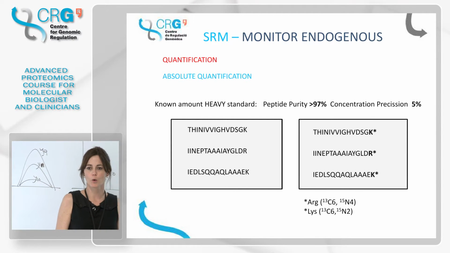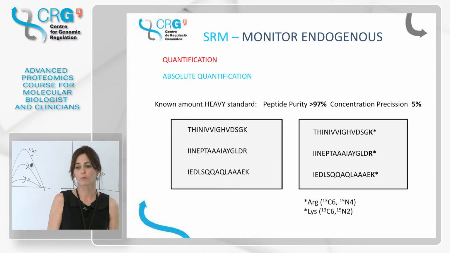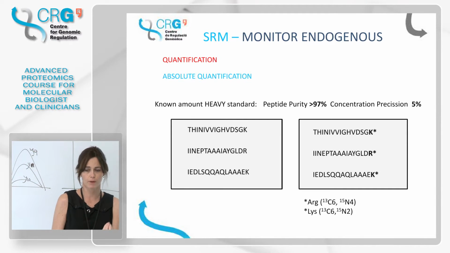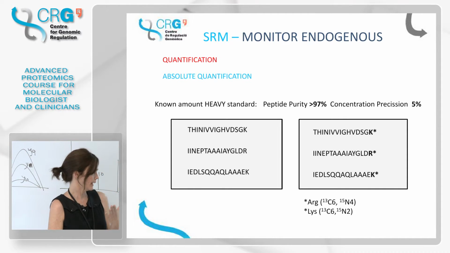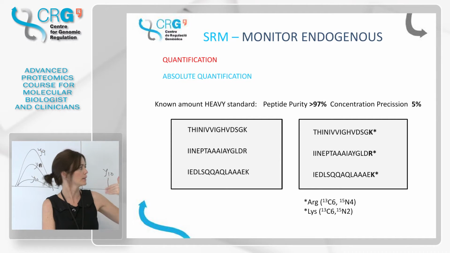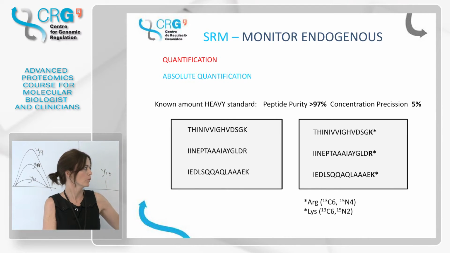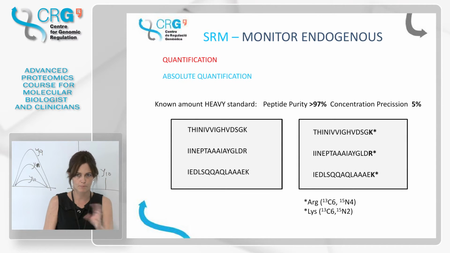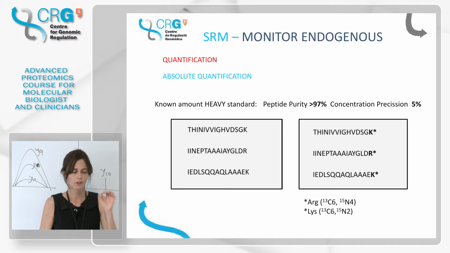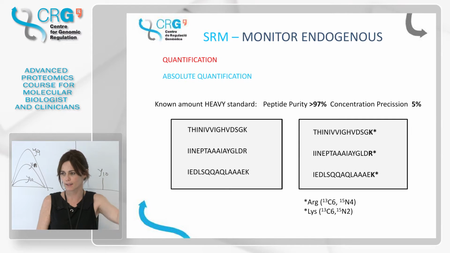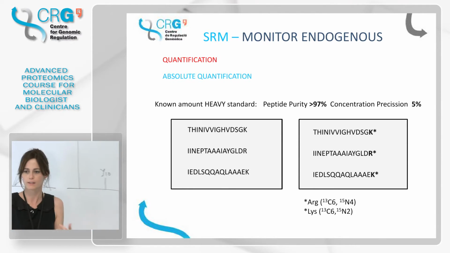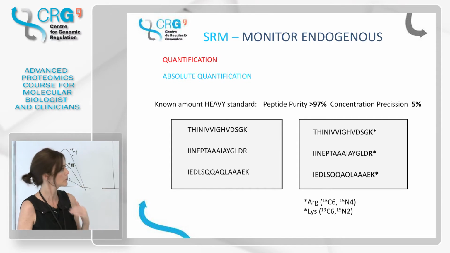How do we quantify in an absolute way? Well, as long as we know the amount that we spiked of heavy peptide. And for that, we need to have acquired heavy standards with high purity and high concentration precision. Because as we mentioned before, we can buy different quality types of heavy standards. If we want to know the exact concentration in our sample, then we need to get the very high quality heavy peptides for which the concentration has been measured.